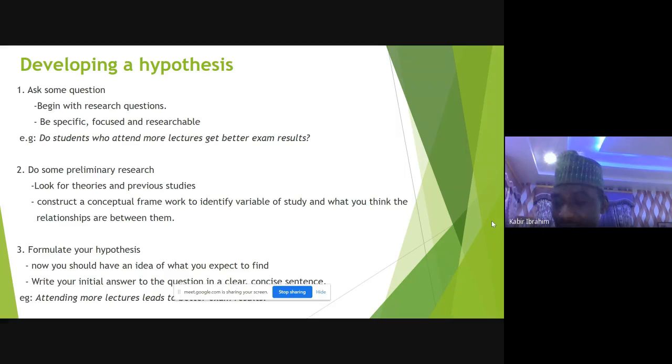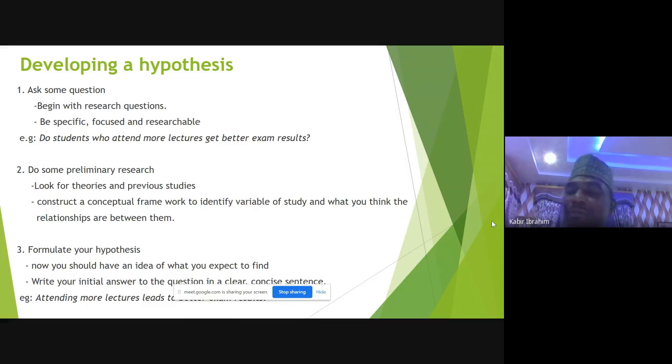Maybe by giving them an exam, by giving them a test, maybe an unnoticed test. So those that are not attending will not get the test. So this example is researchable. That's why we say it should be specific, focused, and researchable.